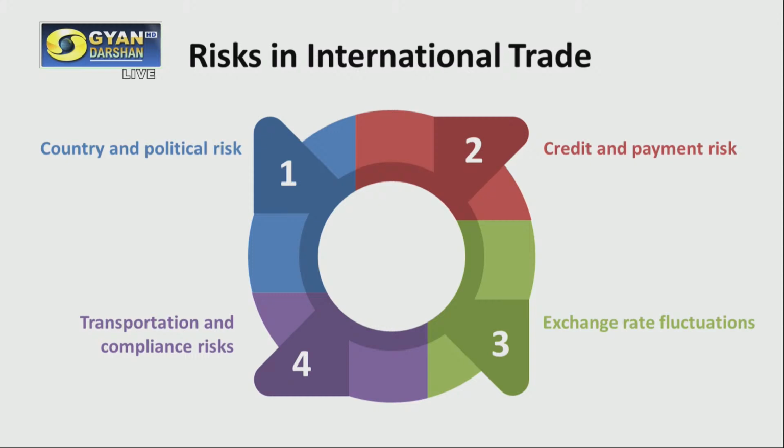Another kind of risk is credit and payment risk, which we have already discussed. This is also known as default risk. And the third most important risk is exchange rate risk, which occurs due to exchange rate fluctuations. There are various factors due to which exchange rate fluctuates.